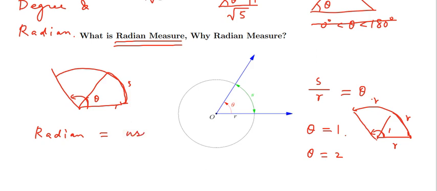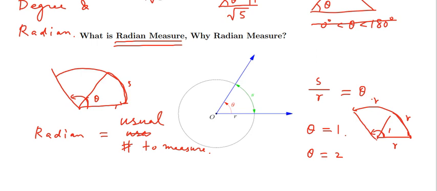We use usual numbers to measure angle. So for this angle we can use 1 or 2 or 1.2, 1.3.